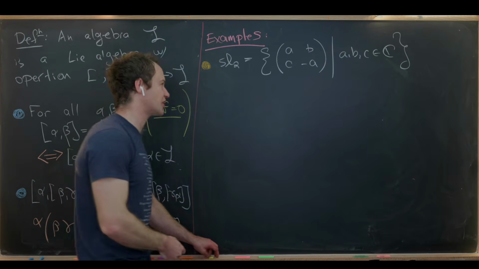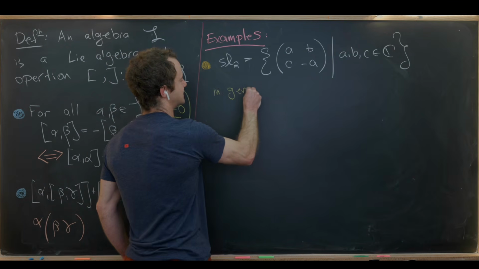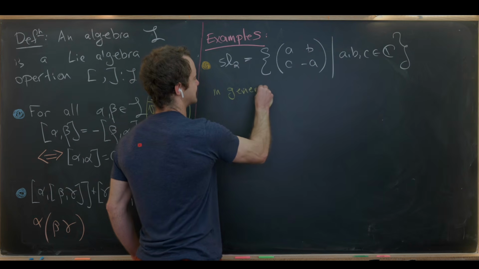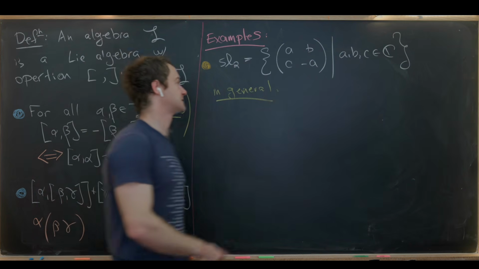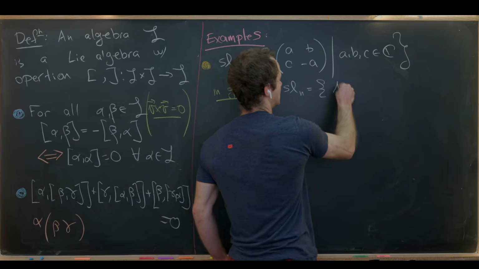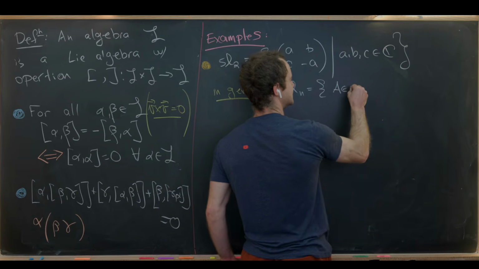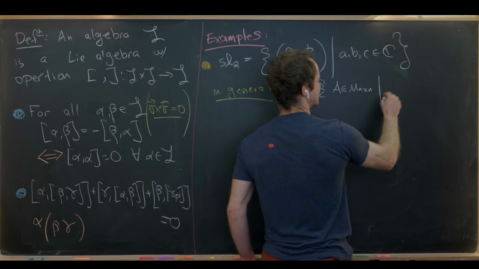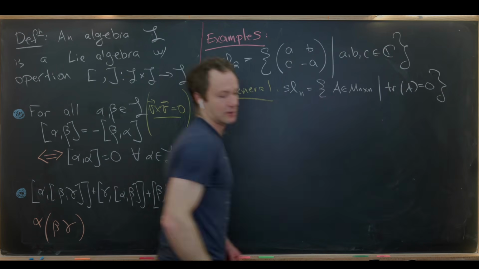So maybe in general, because this is a 2x2 case, but in general, there should be some sort of way for doing this for all n, and there is. So SLN will be all n by n matrices. So let's maybe write it like this. A is an n by n matrix where the trace is 0.